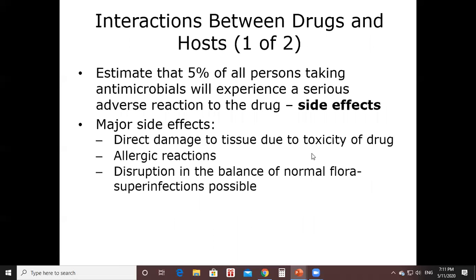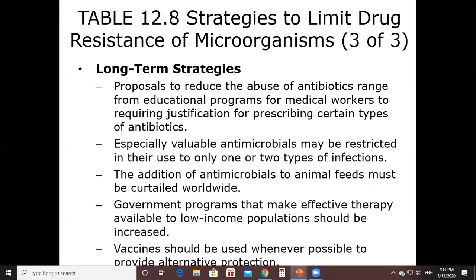What this is saying is that when you have certain antimicrobials that are very specific and kill certain things very well, don't use them unless you specifically have that organism. And when you use them for that organism, you combine them with other things to kill other organisms that may be resistant.